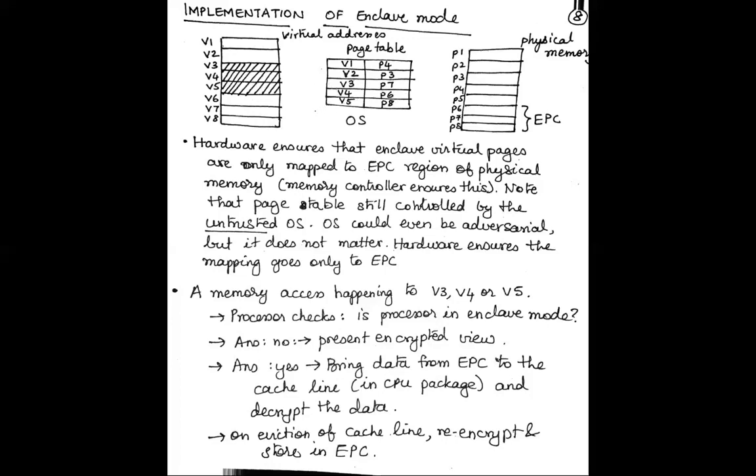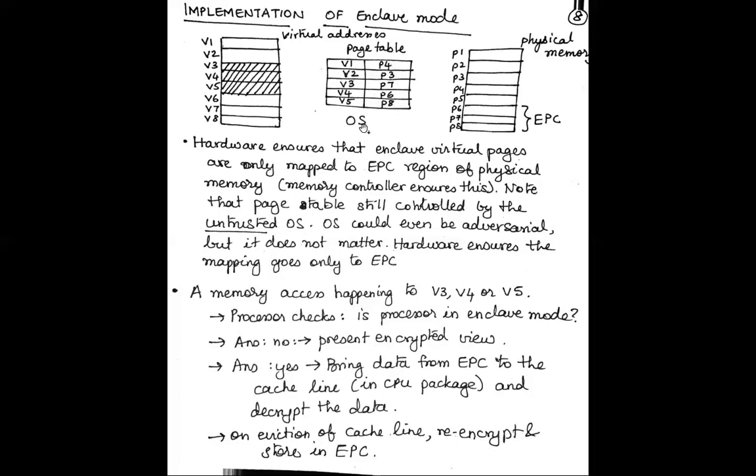And whenever there is a memory access that the memory controller tries to direct to a physical page, it knows that that page is an enclave page and it checks that the corresponding mapping is going to the EPC. If it is going to a non-EPC page, immediately there will be a hardware error that prevents that from happening.